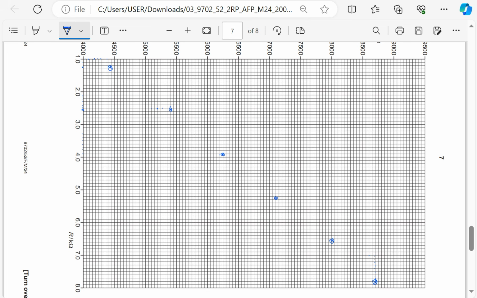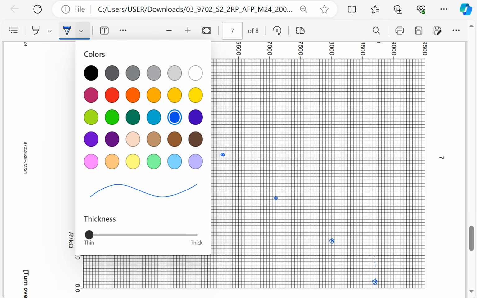When you look at my points, they must be showing an almost straight line. So next is to draw the line of best fit, but I can first draw the error bars. For the first point, the error bar was 100. I'll slightly increase the thickness for the error bars.